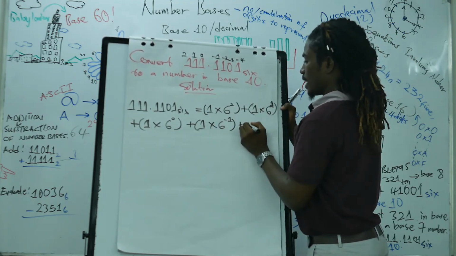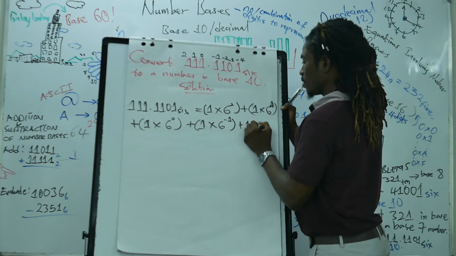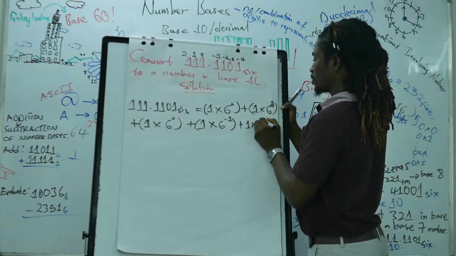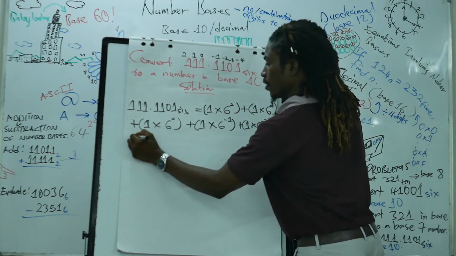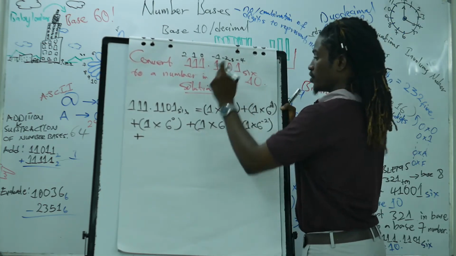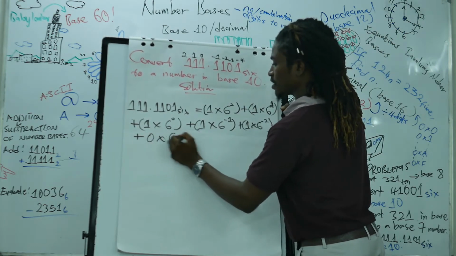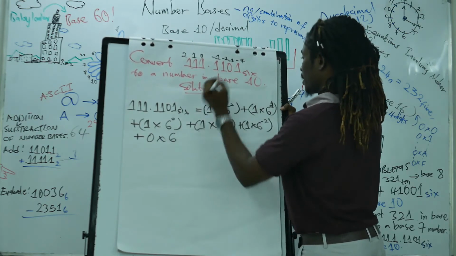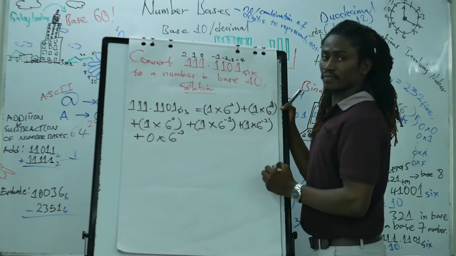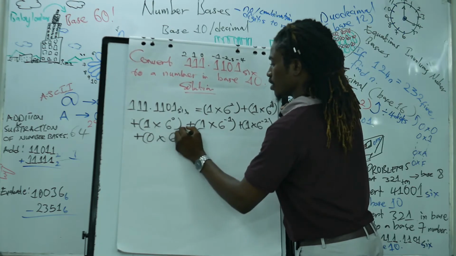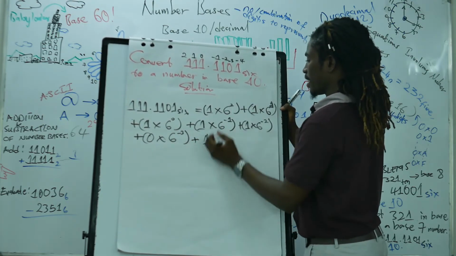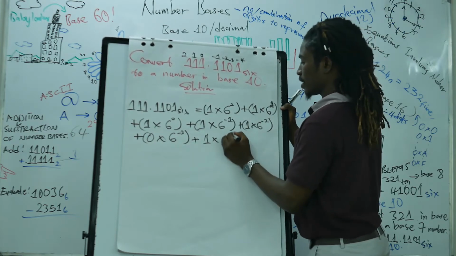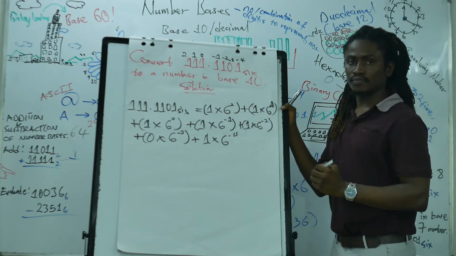Plus 1 multiplied by 6 raised to the power minus 2. Plus 0 multiplied by 6 raised to the power minus 3. And finally, plus 1 multiplied by the base 6 raised to the power minus 4.